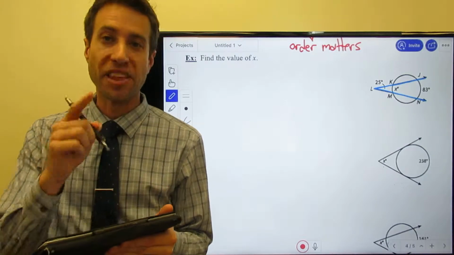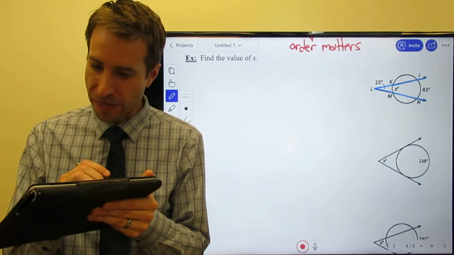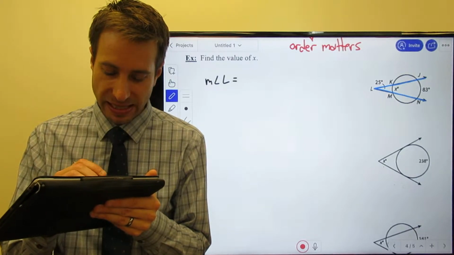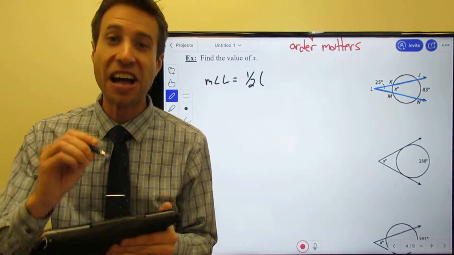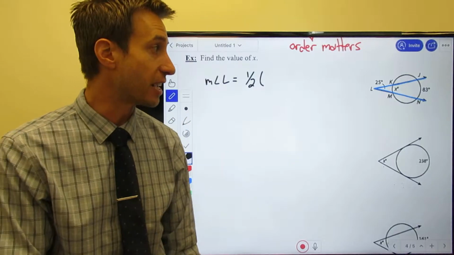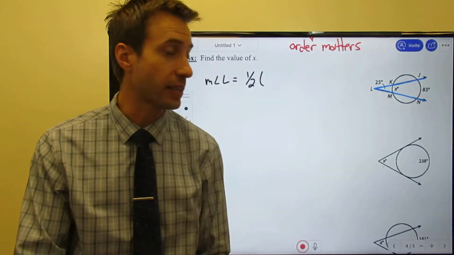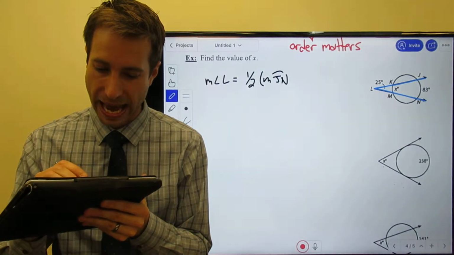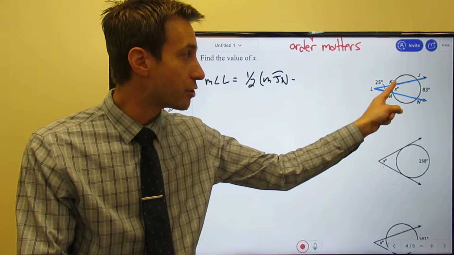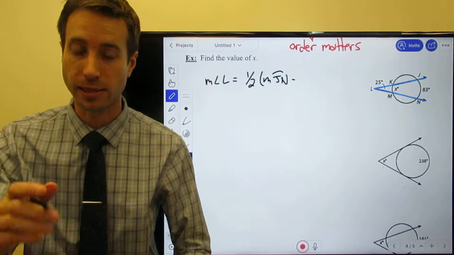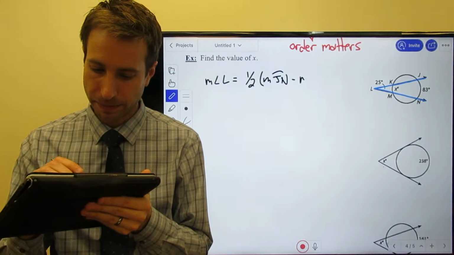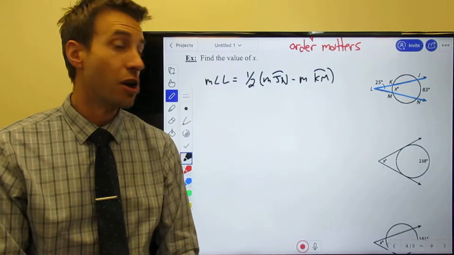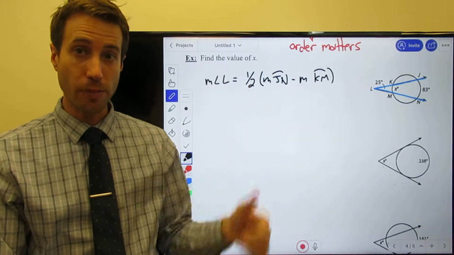So the theorem says this: the measure of angle L is equal to 1/2 the difference of the arcs, the arc that is farthest, so the measure of arc JN, minus the measure of the arc that is closest, KM. That's it. That's the geometry. That's the formula from up above.